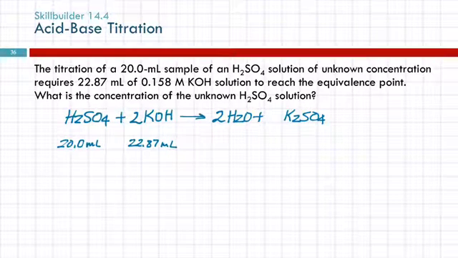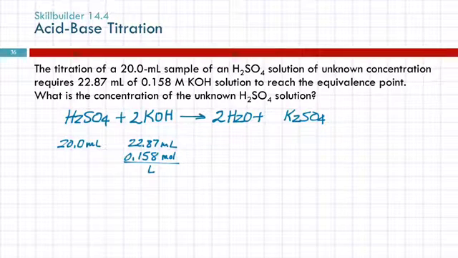We added the KOH until the solution turned pink. And then we measured on the burette how much we added. And this is how much we added, 22.87 milliliters. We know the concentration of the KOH, 0.158. Do not write the capital M. It's moles per liter.